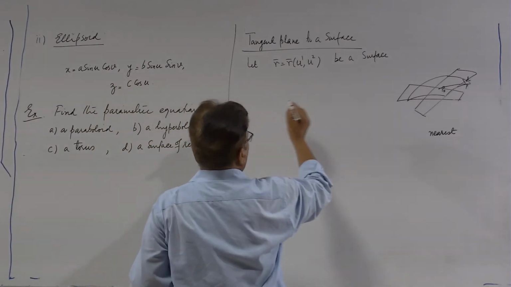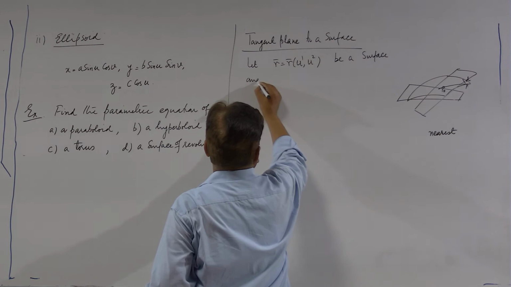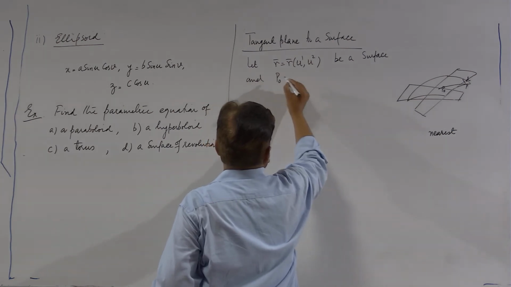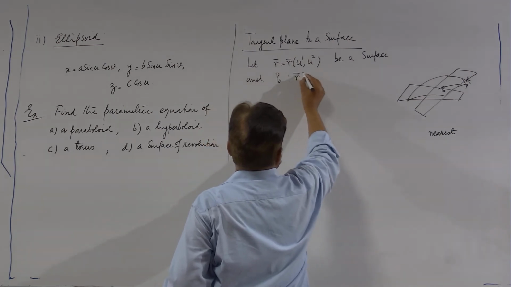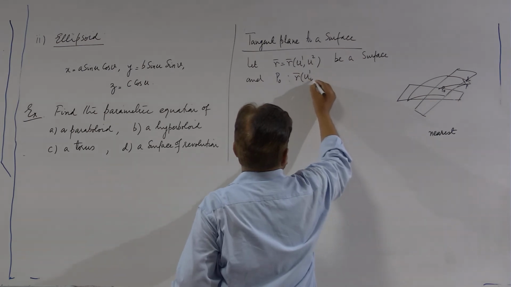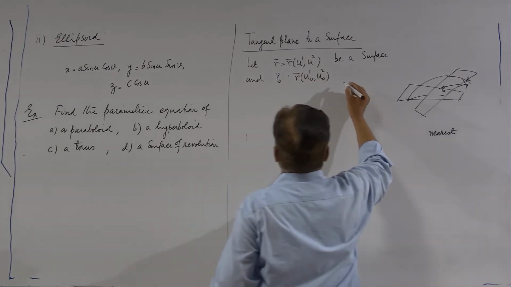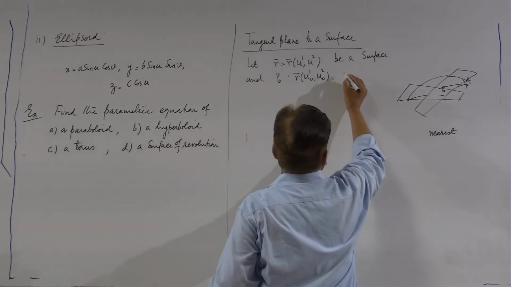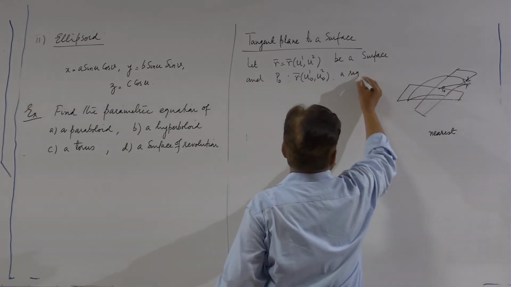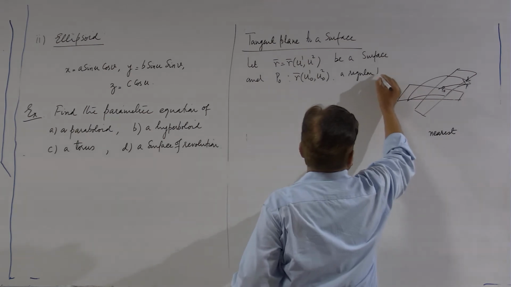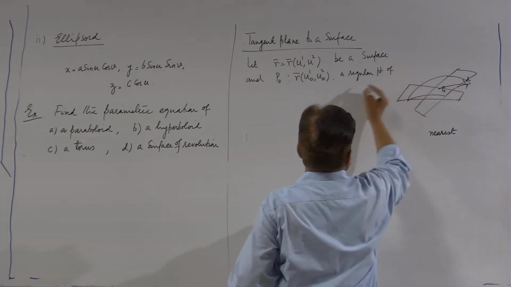Let this be a surface, and P 0, whose position vector is r of u1 0, u2 0, be a regular point of the surface.